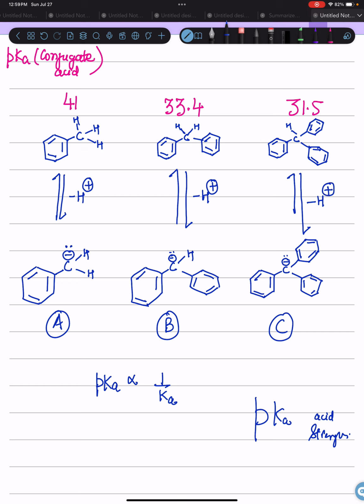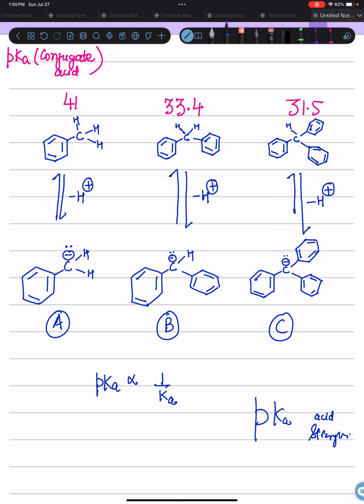Now, in order to answer this problem, we need to look at the stability of the bases A, B and C. Why? Because we know that reactions are driven by stability. The species which is more stable is formed more readily as compared to the species which is less stable.